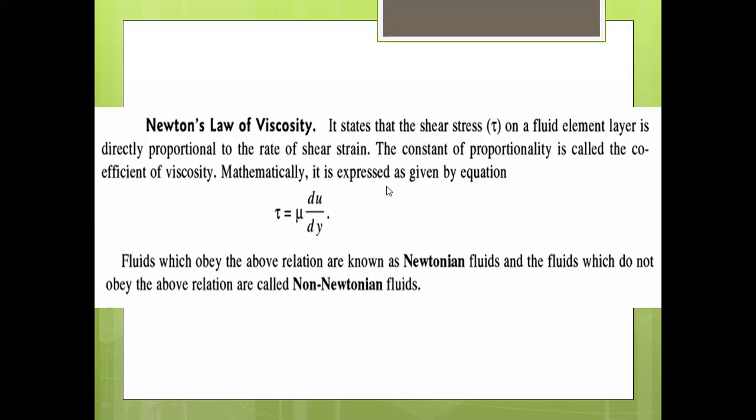A Newtonian fluid is one in which the shear stress is directly proportional to the rate of shear deformation. The fluid in which the shear stress is not directly proportional to the rate of shear strain, or rate of shear deformation, is called a non-Newtonian fluid.